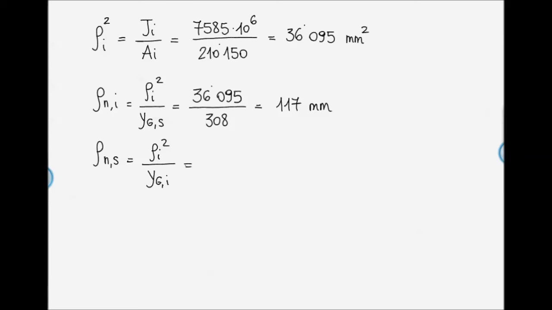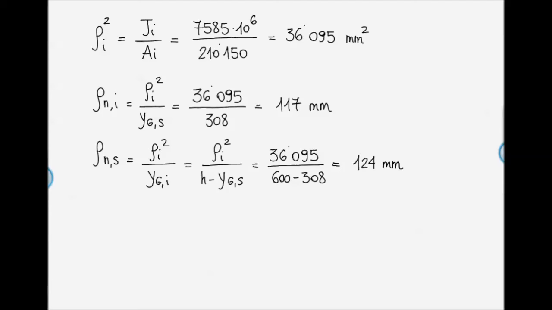So we can also write rho I squared over h minus ygs. That is, substituting the numbers, this relationship here, equal to 124 millimeters.